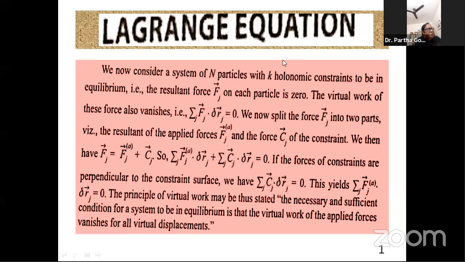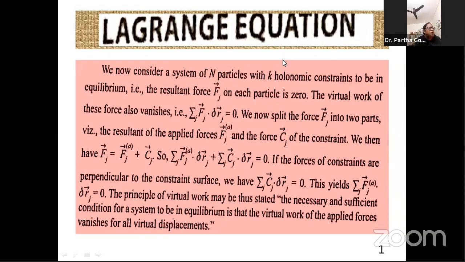Now we split this force Fj, the force on the jth particle, into two parts. Resultant of all external forces, suppose the external forces we bring in are the resultant of applied forces and forces of constraint. A few words about constraint.